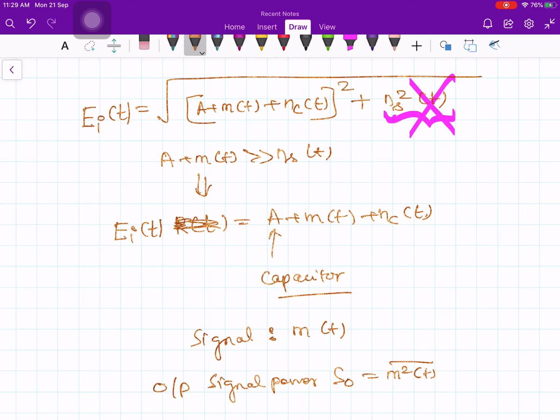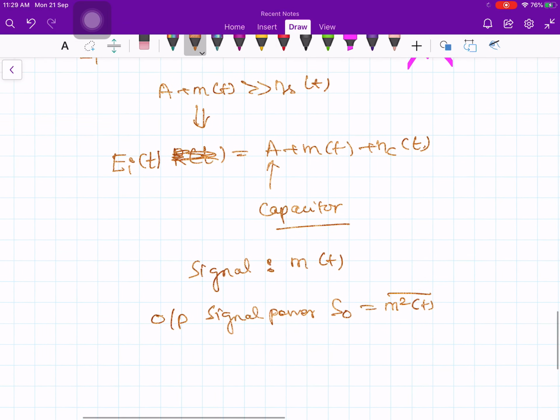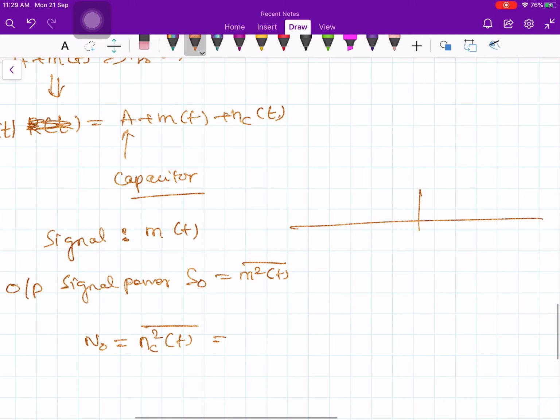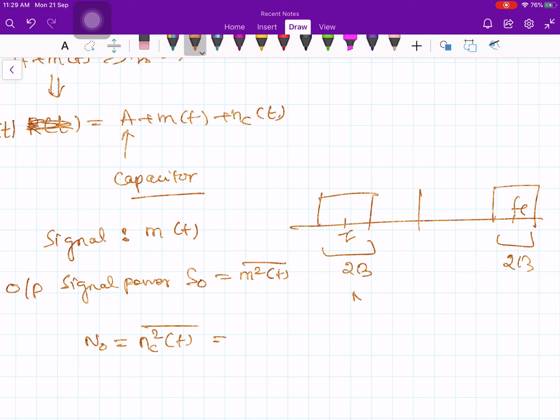And what is the corresponding noise power? The noise power N_0 is equal to the mean of n_c squared of t. And how much will it be? Remember this is an AM signal whose bandwidth is 2B. This is f_c, and on the negative side I also have minus f_c. Here the bandwidth is 2B, and here also the bandwidth is 2B. Therefore here the noise power is Nb, and here the noise power is Nb.